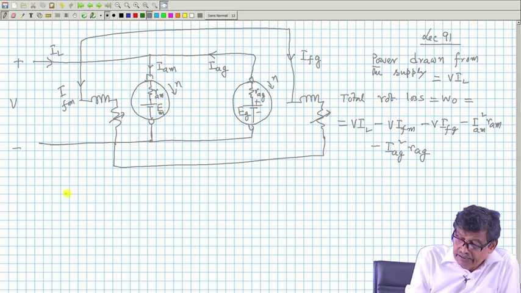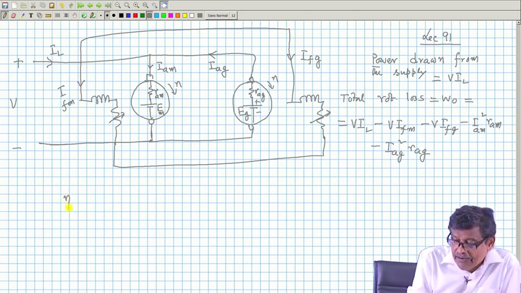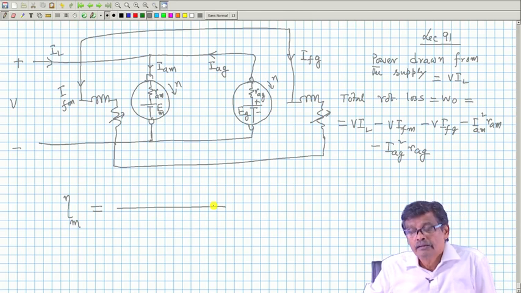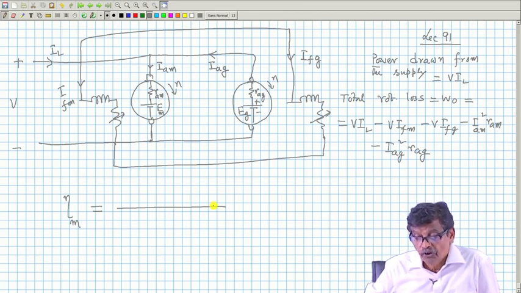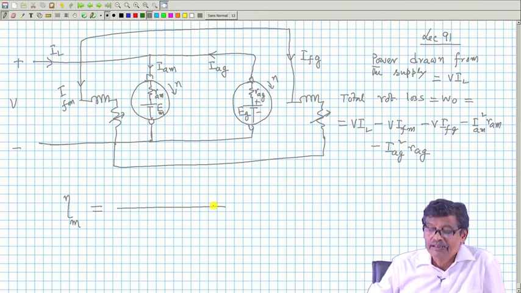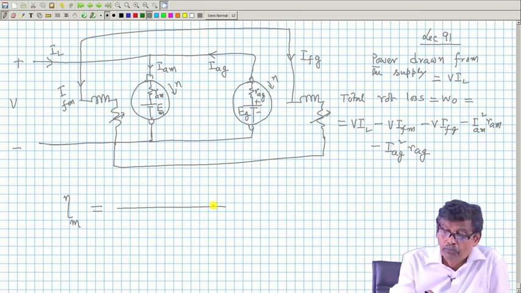So, see how I am writing. I will write straight away the efficiency of the motor. For a motor, which thing is easy to calculate? The input power is very easy to calculate. You calculate input power, output by input is the efficiency. So, what is the input power to this motor?